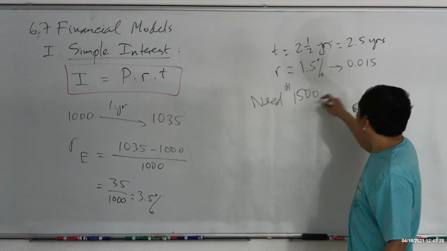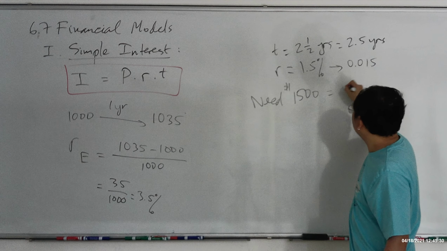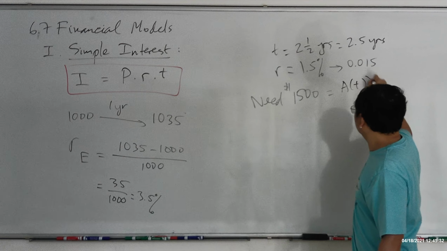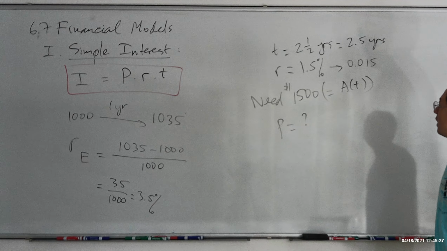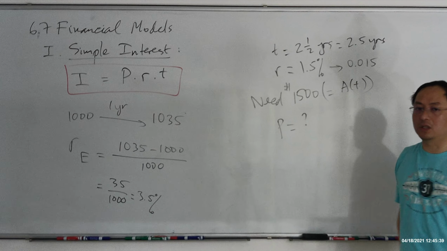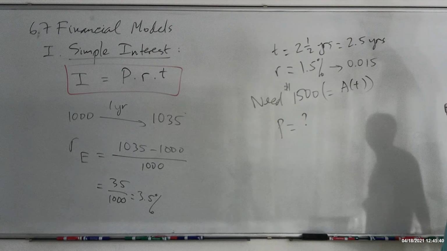So they give you the future amount, and they ask you for P. How much do I need now, so that 2.5 years later I'll get $1,500, if I invest with the rate of 1.5%?